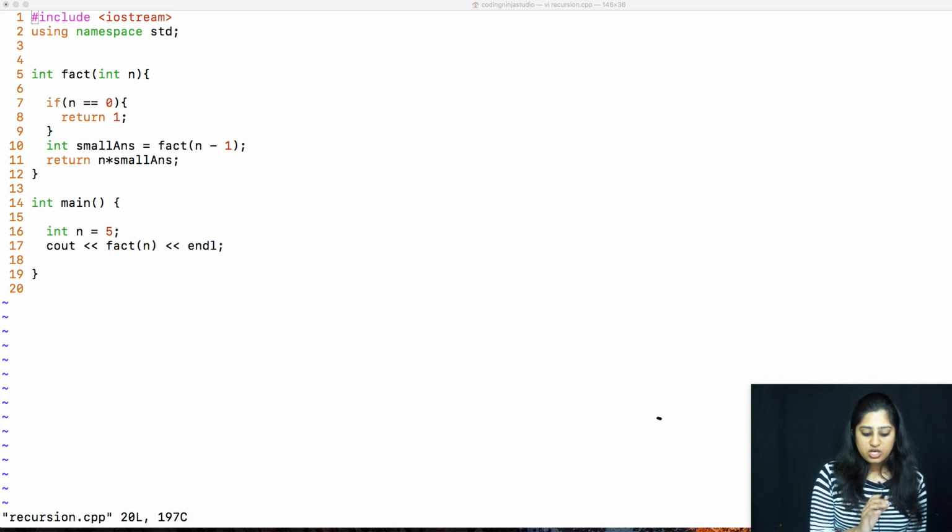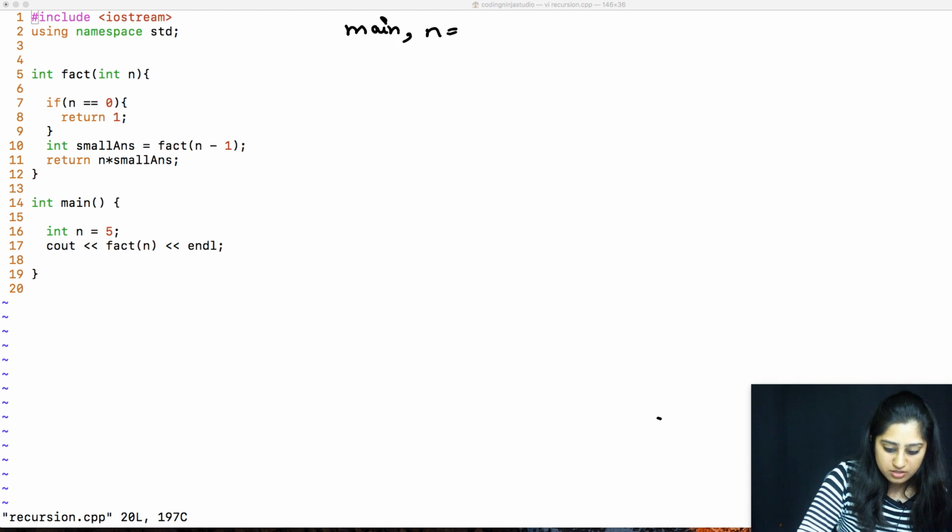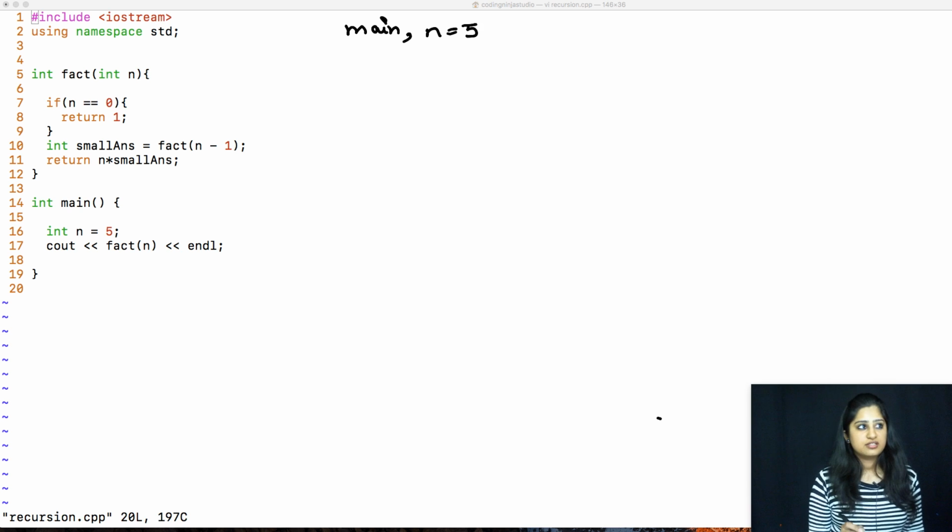Okay, so we know that whatever code we execute starts with the main. So now I have started with the main. Inside main you have an integer n whose value is 5.